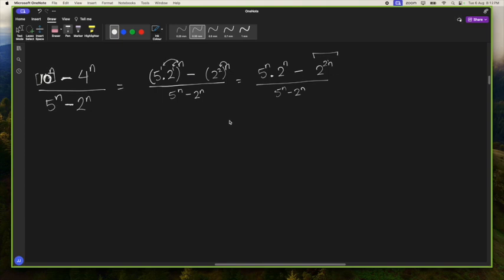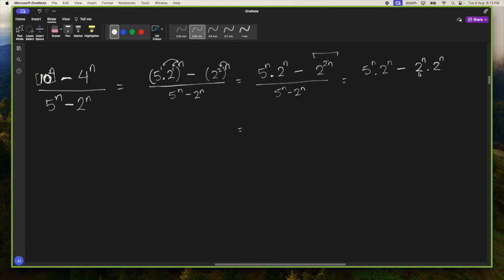So what I could say here is 5 to the power of n times 2 to the power of n, minus 2 to the power of n times 2 to the power of n.